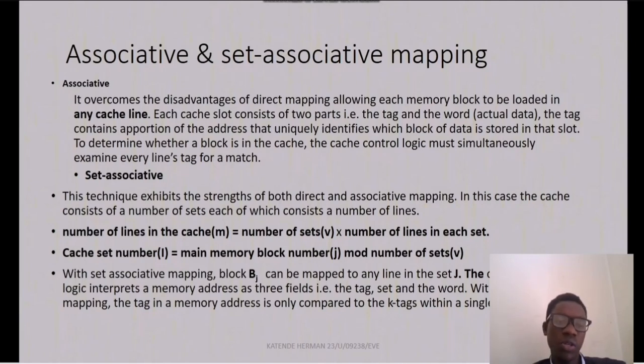So when you have a given number of sets and you have the main memory block number, you can get the cache set where that block is to be placed by getting the mod of the main memory block number and the number of sets.